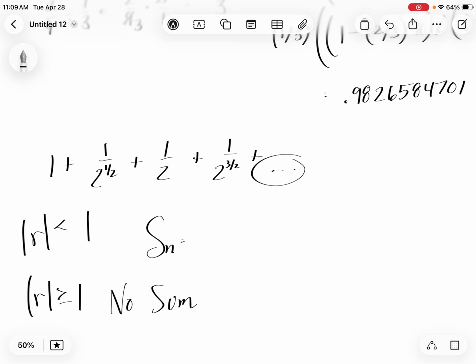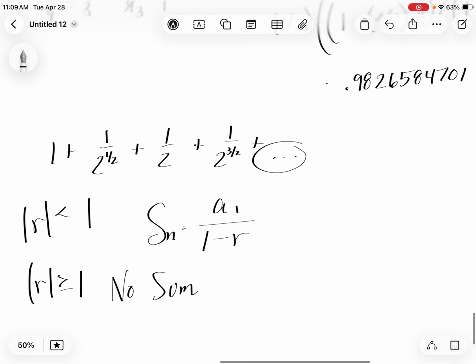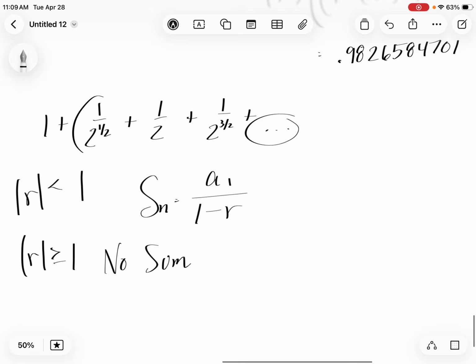But if it is less than 1, we take the formula, and why am I drawing a blank right now? No, A1 over 1 minus R. Ugh, almost forgot what it was. So I take A2 divided by A1. So 1 over 2 to the half divided by 1 is 1 over 2 to the half.